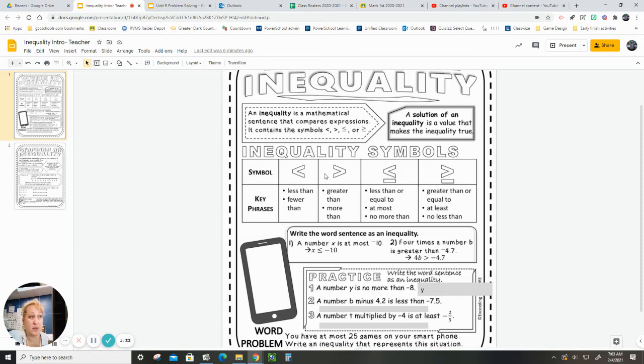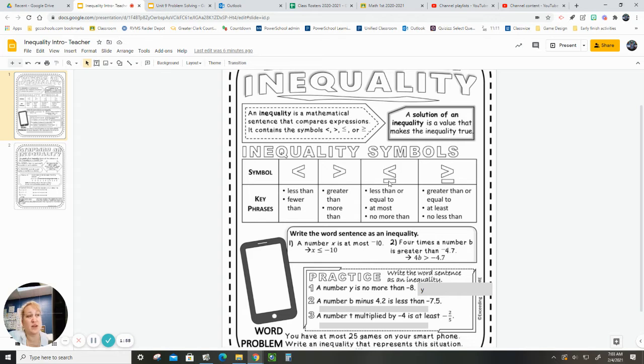So this number on this side is bigger than this side. Elementary might say, I'm going to eat the larger amount of cookies, so the mouth is pointed open towards the larger amount. It needs to point towards the bigger number.